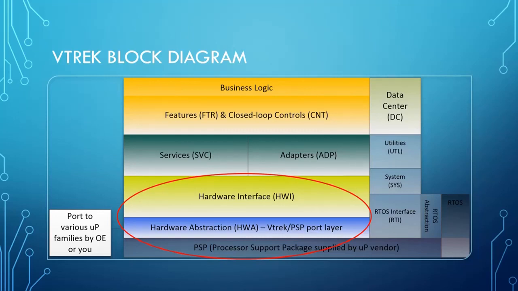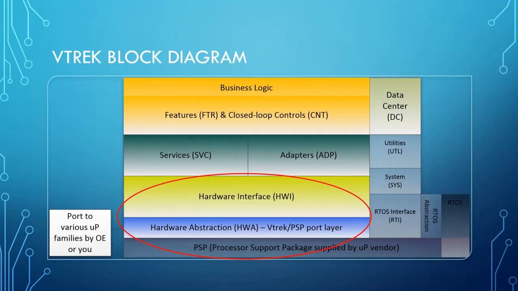Some suppliers call it a BSP, which I think is a little bit of a misnomer, because a board support package presumes that we know the board's design, and in the case of embedded, every board design is different. So unlike PC, where you've got a pretty much predefined set of I/O. And so in order to abstract that from our Vtrek library, we throw a thin abstraction layer, the HWA.